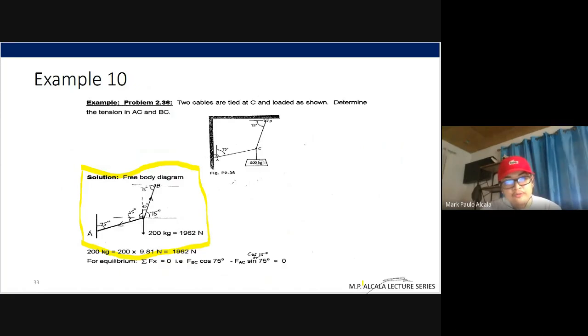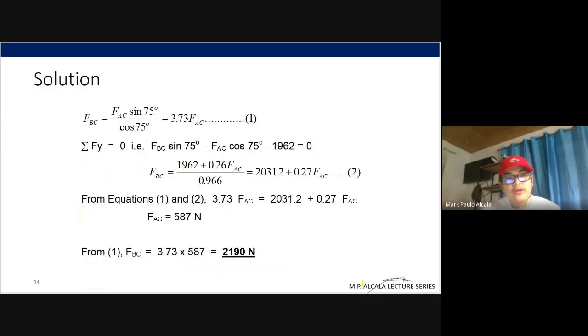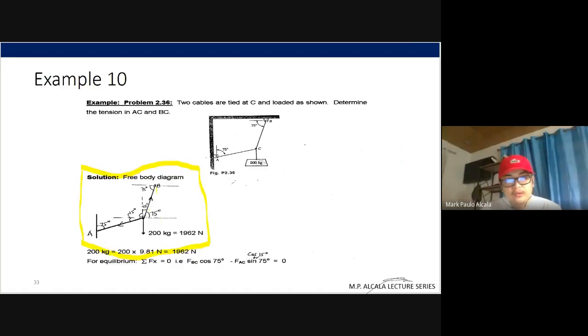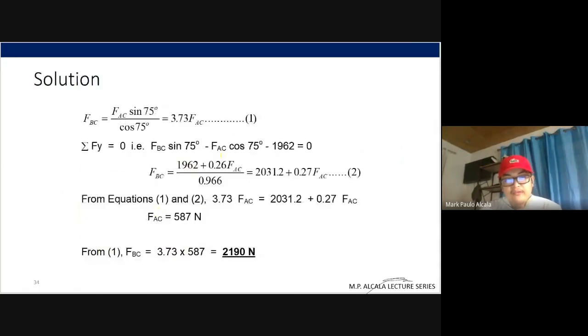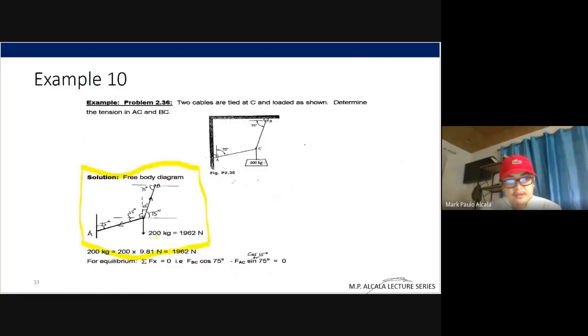Now, in order for us to get the equilibrium, the sum of the forces along the x-axis and the y-axis is equivalent to 0. Then solving further, we'll have the following. It is a bit long. Okay? Fy is equal to FBC sine 75 degrees, and then FAC cosine 75 degrees for this rope.